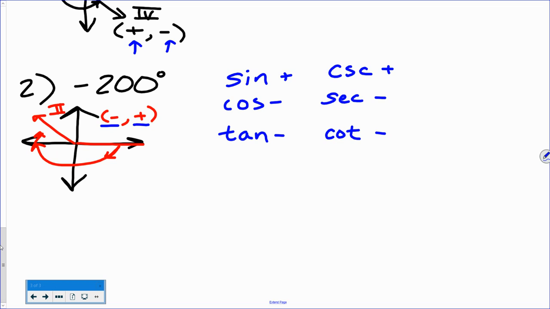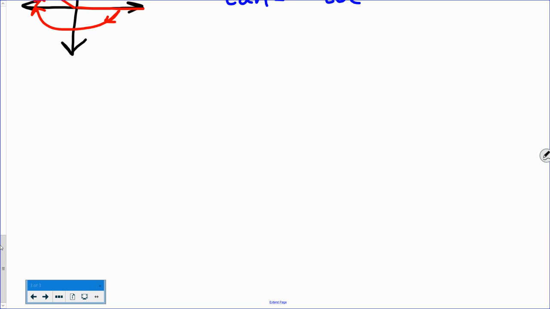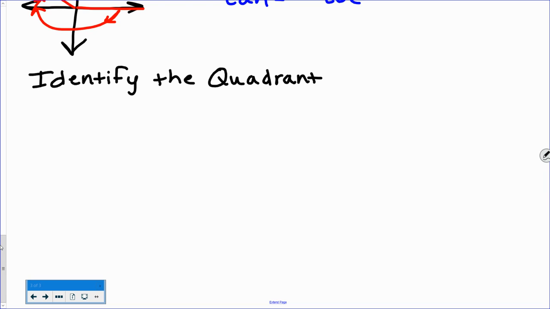All right, so you have to find where that quadrant would be with those angles. You might be given a situation where you have to identify the quadrant of an angle.